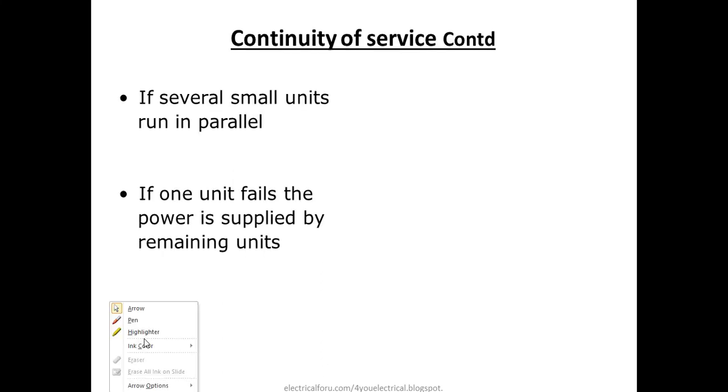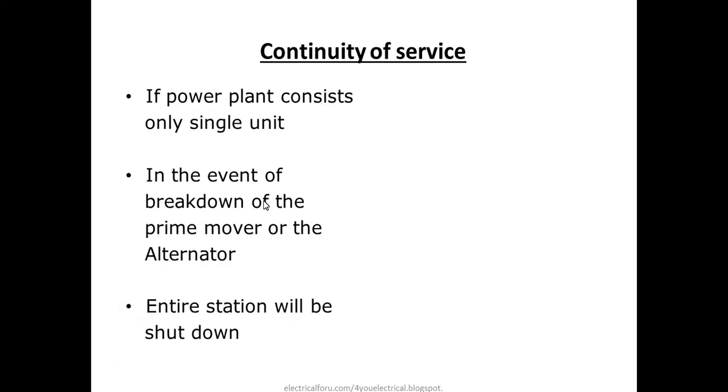This means that continuity of power supply depends on having several units. If we have only one generator and one turbine, and it fails due to power loss, there is no power supply to the RYB phases.